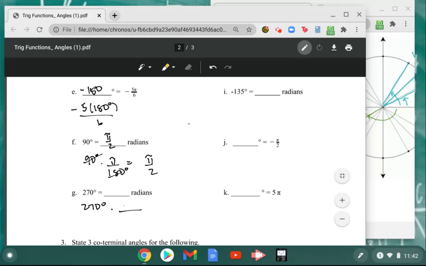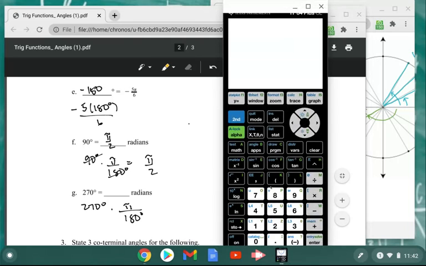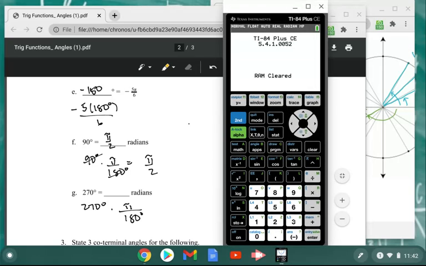I want radians when I'm done, so pi goes in the numerator, 180 degrees goes in the denominator. We can let the calculator do this calculation. So I'm going to go 270 divided by 180, and I want to convert this to a fraction. I go math, convert to fraction, and I end up with 3 halves, and I've got that pi as the multiplier out in front.